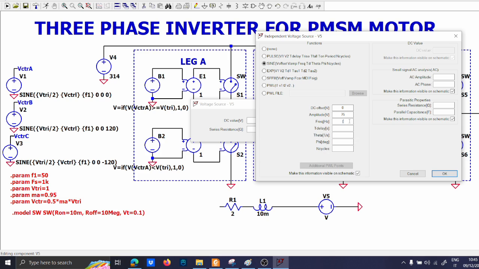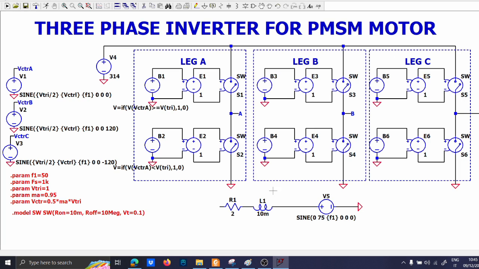Because this is the frequency of the motor. And as I said before, this is the second frequency in the system, which will cause a lot of noise. And 0 degree phase.